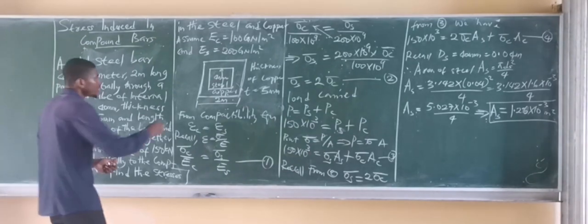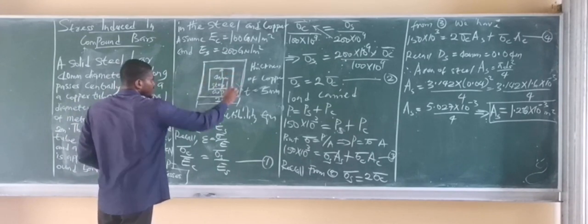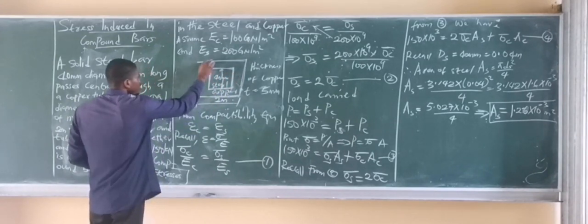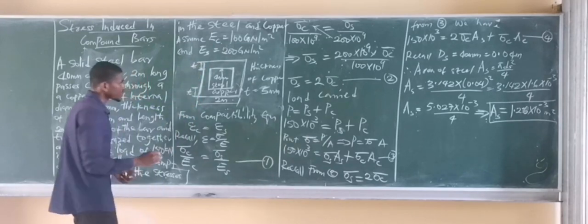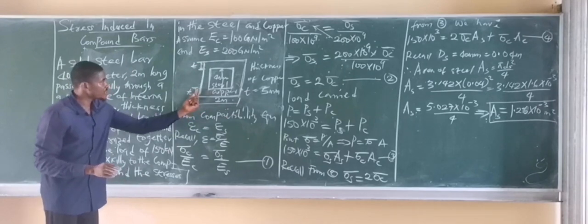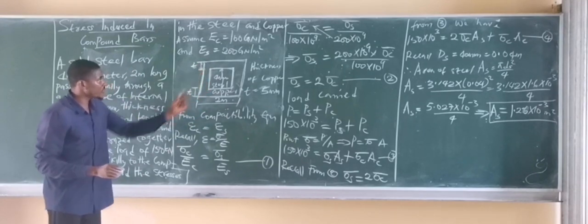So if you watch, this is the internal diameter of the copper, and this point to this point is what we call thickness, T. This point to this point is also the thickness of the copper, T. So from this side, this is the thickness of the copper. From here, this is the thickness of the copper.